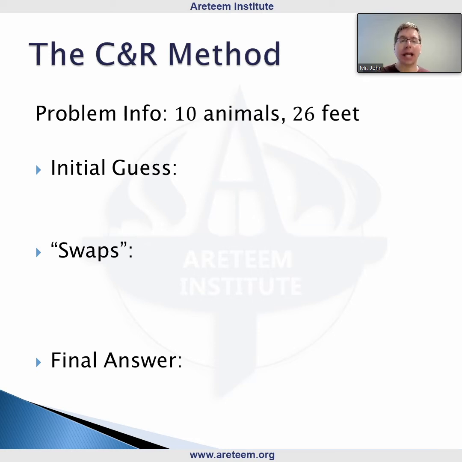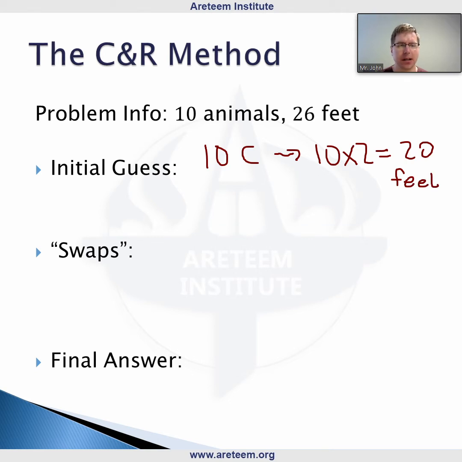So the initial guess here is all of one animal. Let's say we have 10 chickens in this case. Our initial guess is of course wrong, because if we have 10 chickens, then we have 20 feet. So this is not the right answer. But the idea is it's a very easy first guess, all of one type.